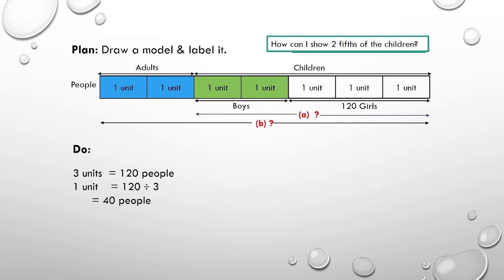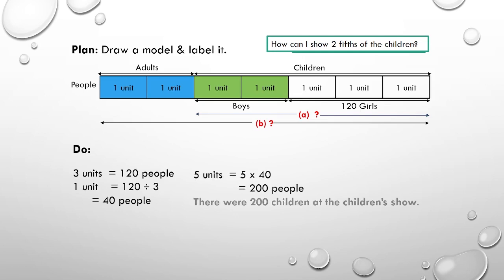At dahil each unit is 40, we can actually solve for the number of children. In this case, that 5 units on our bar model represent the total number of children. So what we can do is multiply 5 or 40 by 5. So 5 times 40 is equal to 200.